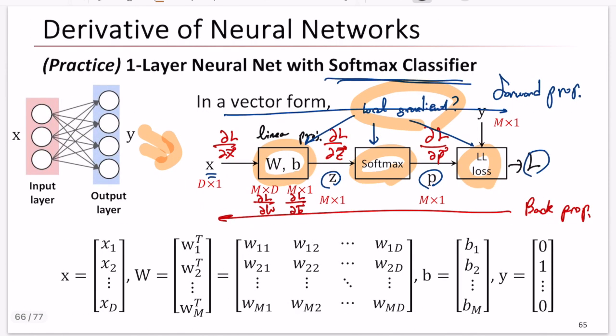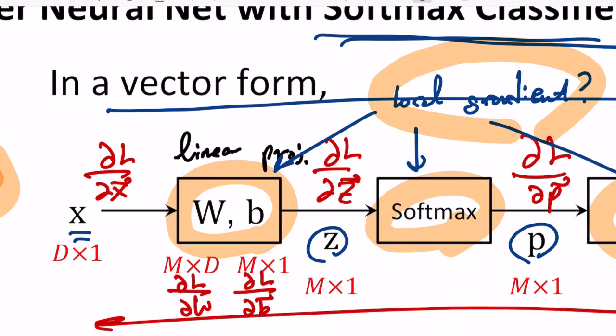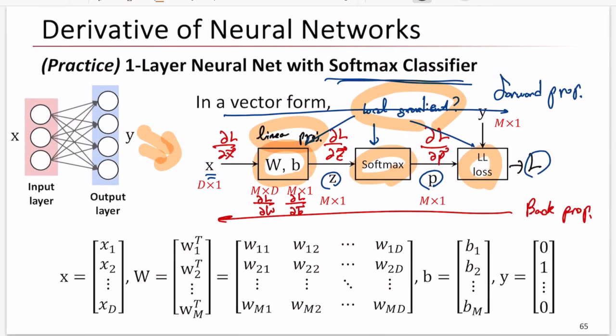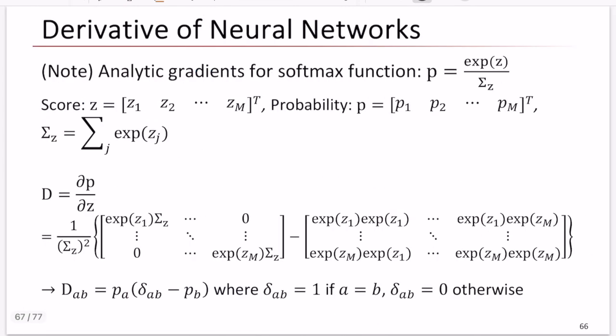First of all, because we already defined the local gradient for the linear operation layer, let's talk about the local gradient for the softmax function, which was defined such that P was equal to exponential G over sigma G, where sigma G was the sum of the exponential ZG. This is the definition of the softmax function, right?